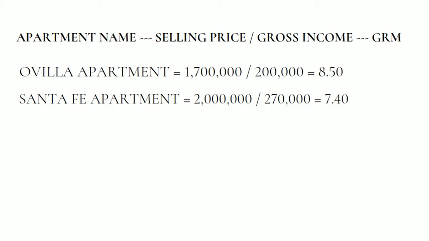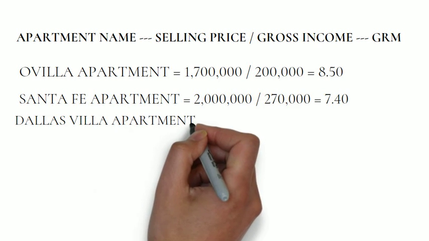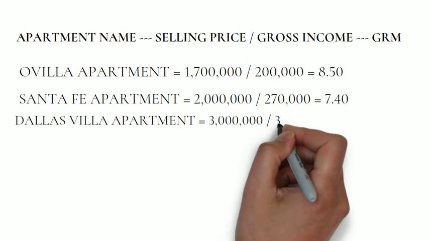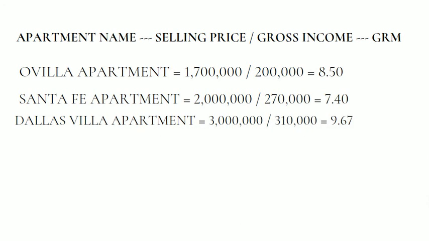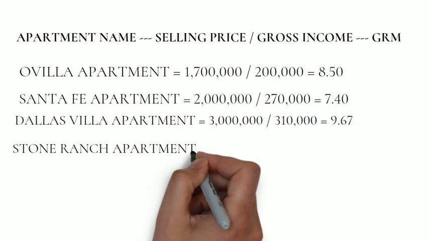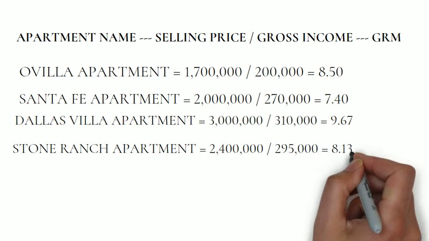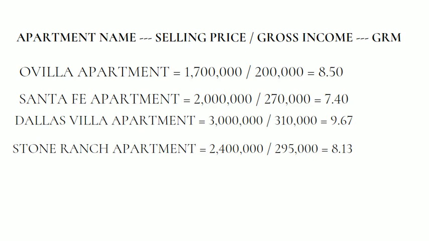Santa Fe apartment has $2 million selling price and a gross income of $270,000. We divide that and we get 7.40 gross rent multiplier. Dallas Villa apartment with $3 million selling price and $310,000 gross income, when divided, gives 9.67 gross rent multiplier. Stone Ranch apartment of $2.4 million divided by $295,000 of gross income will give us 8.13 gross rent multiplier.